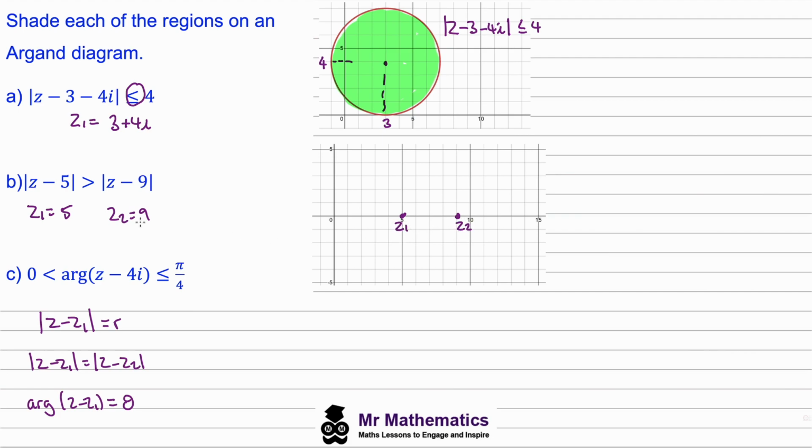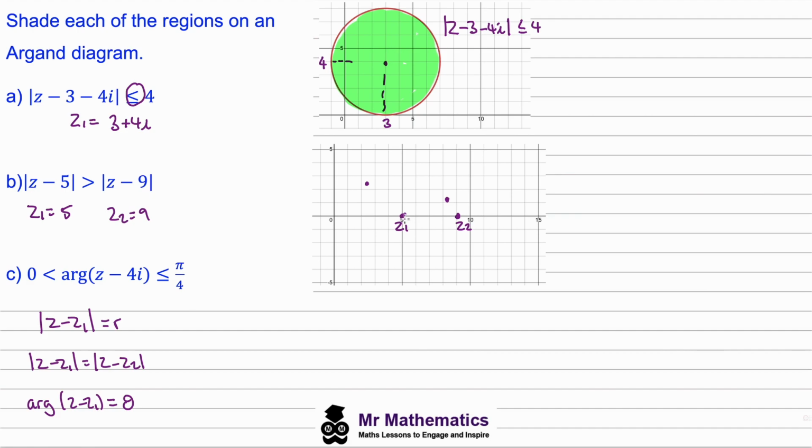Now what this is telling us is that with general point z, the distance between that and 5 must be greater than the distance between the same general point and 9. If we have this point here, for instance, you can see this is closer to z1 than it is to z2, so this point wouldn't obey this statement. But if we looked at this point, this point has a shorter distance to z2 than it does to z1. So this point would obey the statement.